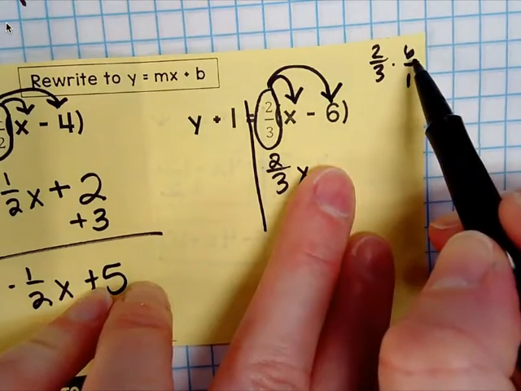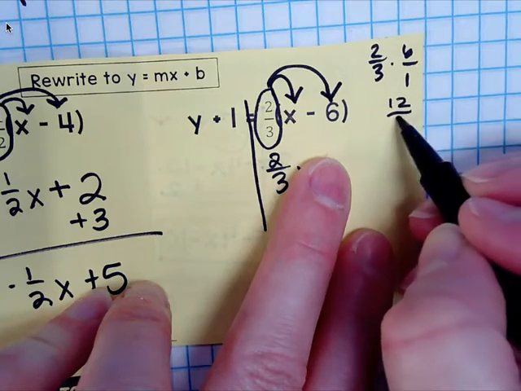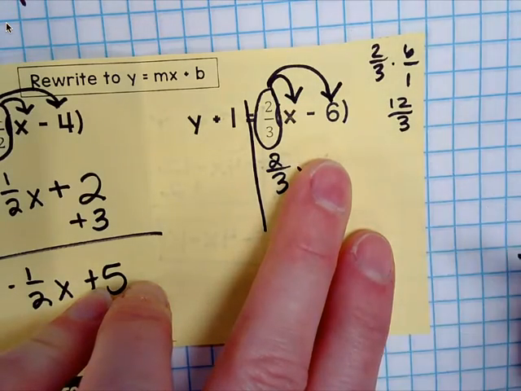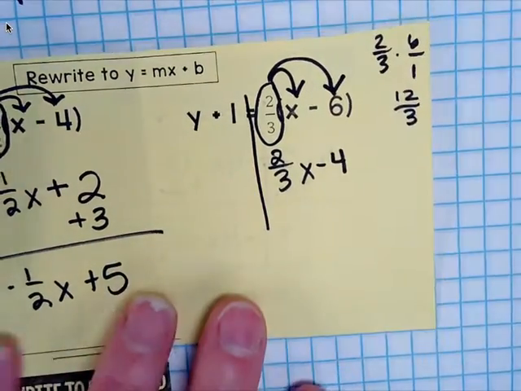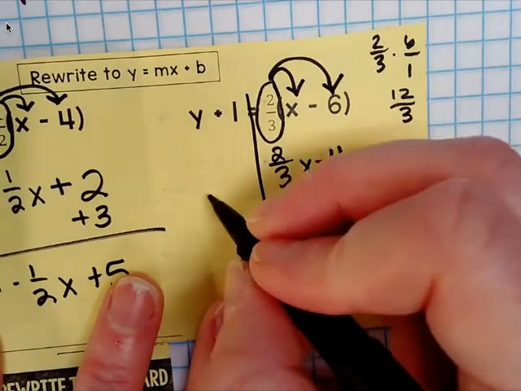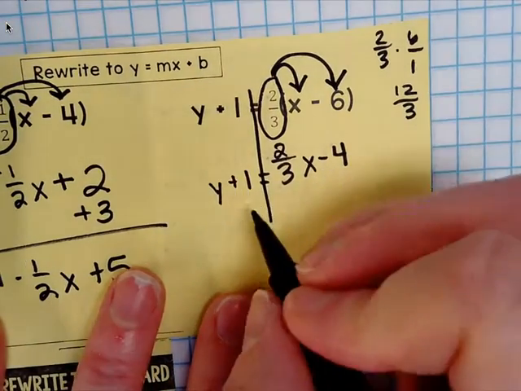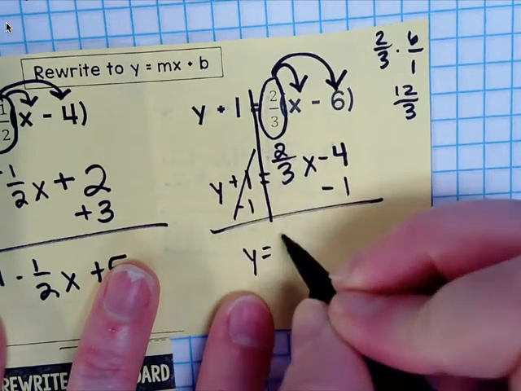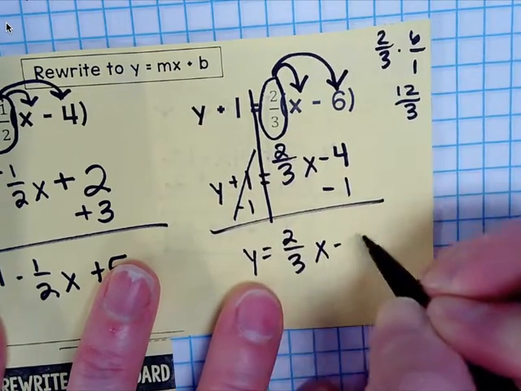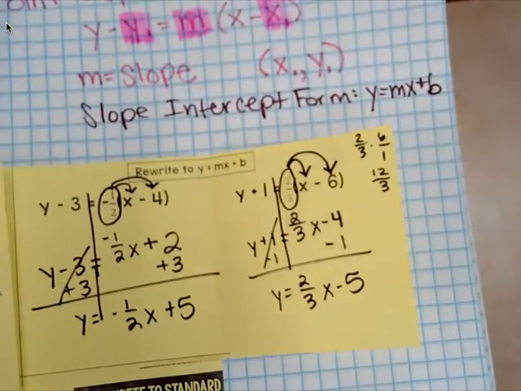What is 2 times 6? What's 3 times 1? 12 over 3 is 4, and it's still minus 4. Or you can use your calculator. And then we have y plus 1. We need to get that 1 over the other side by subtracting. So we get y equals 2/3 x minus 5. That's the last section that we're going to do on this.